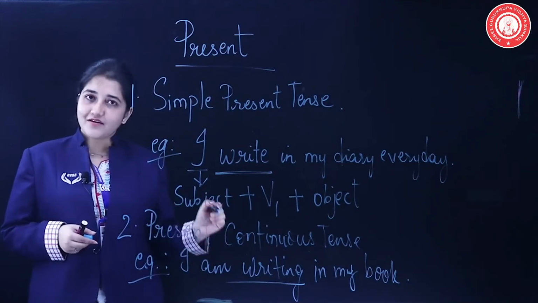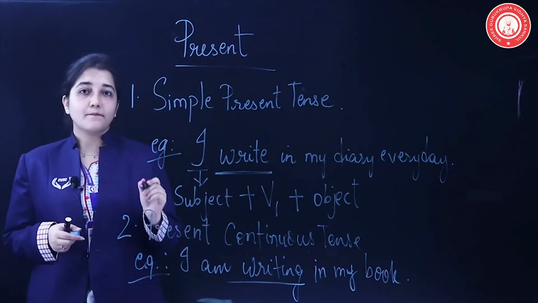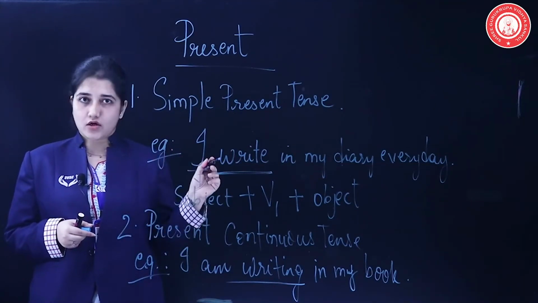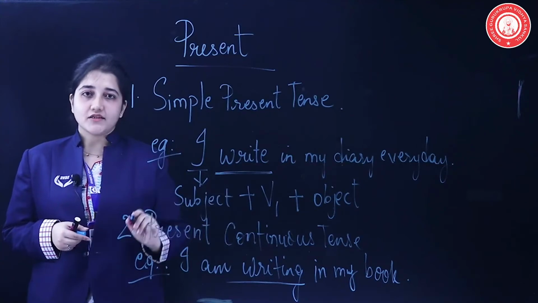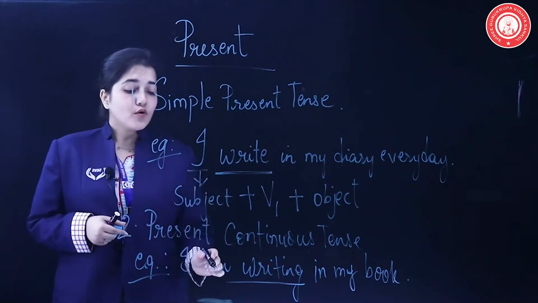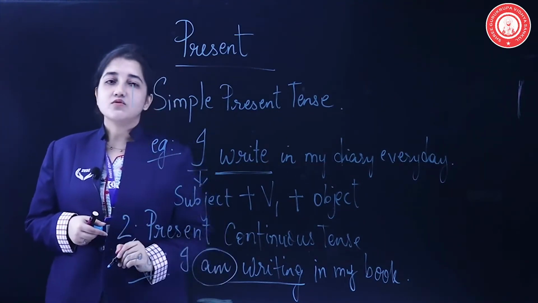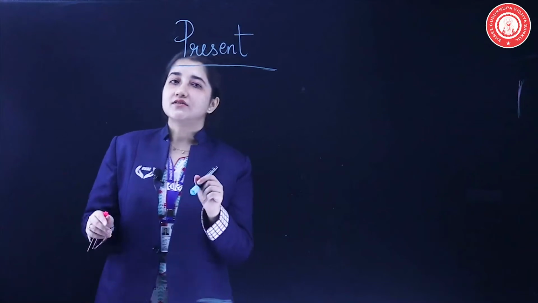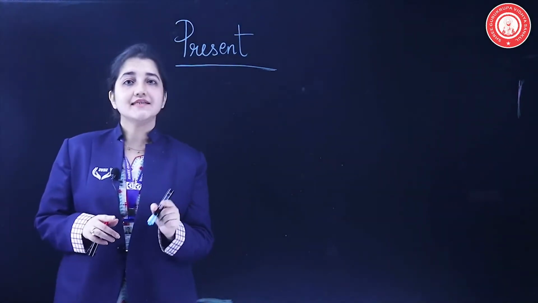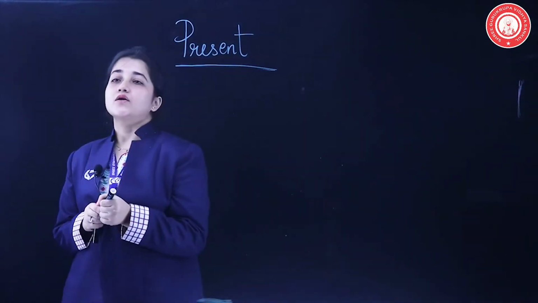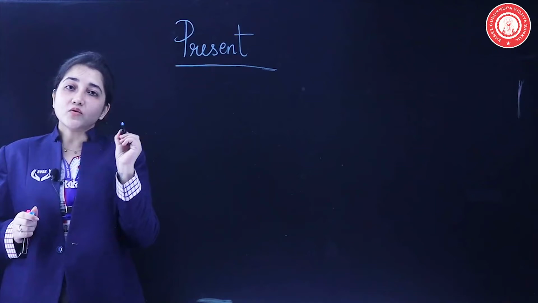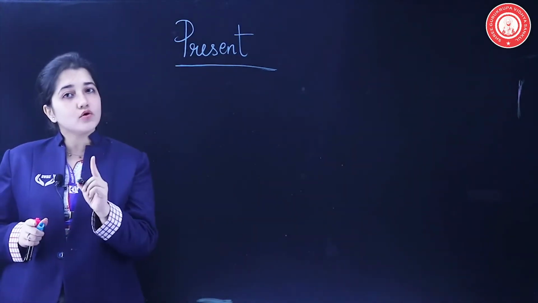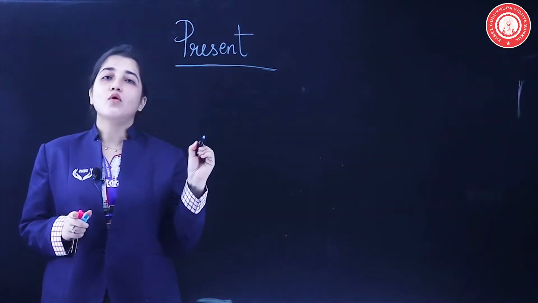The rule again here is simple. Subject plus am, is or are, plus the ing form of the verb and plus the object. Okay, so here with I we are using am. According to the subject, whether the subject is singular or plural, the helping verb also changes.